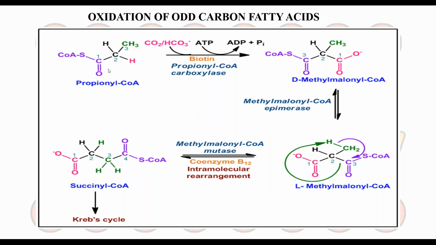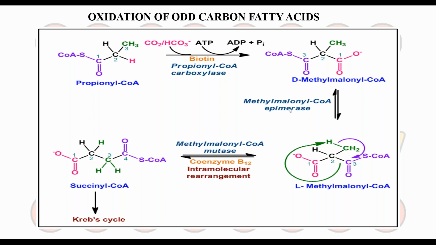This succinyl CoA is formed by the action of the propionyl CoA carboxylase enzyme, you can see over here, which with the help of a coenzyme biotin, which is a vitamin, will carboxylate propionyl CoA to form the D stereoisomer of methylmalonyl CoA. So you can see over here methylmalonyl CoA, the D stereoisomer of methylmalonyl CoA.